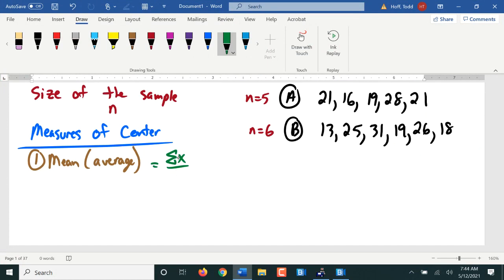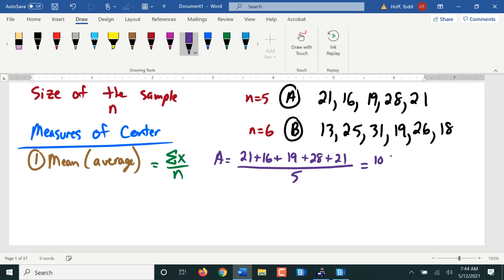Sum of the x means add up all the values and divide by how many there are. So for set A, 21 plus 16 is 37, plus 19 is 56, plus 28 is 84, plus 21 is 105. Divided by 5 gives us 21. So the mean of set A is 21.